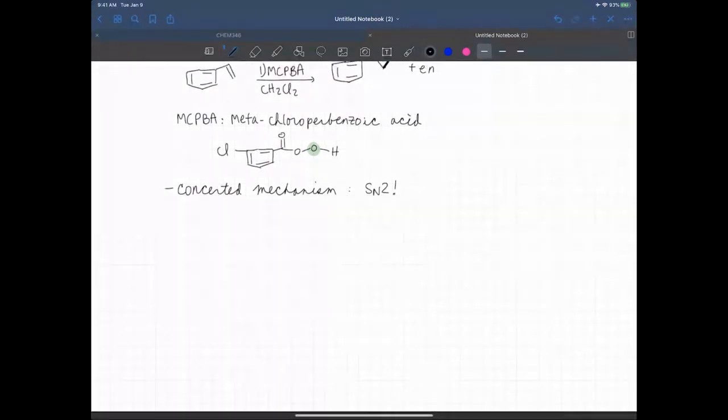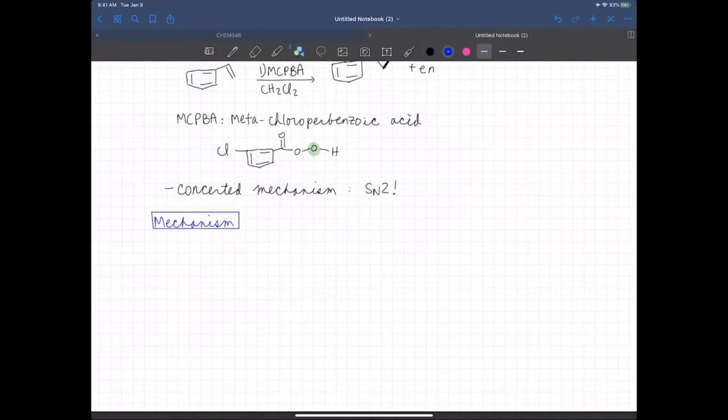So let's look at the mechanism. So this molecule is neutral. There are no plus charges anywhere whatsoever.